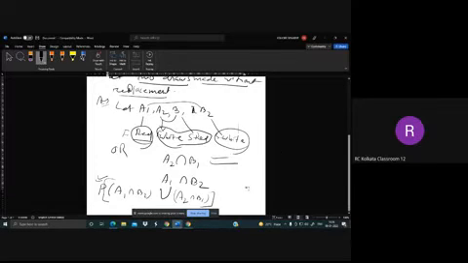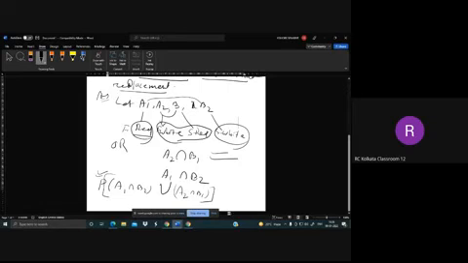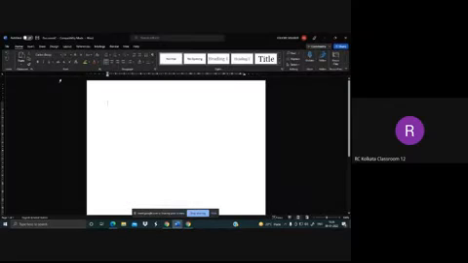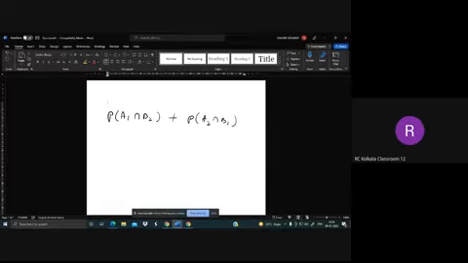So what is that? If you remember the laws we have discussed in the previous class, probability of A1 union A2 is probability of A1 plus probability of A2. So we can write probability of A1 intersection B2 plus probability of A2 intersection B1.